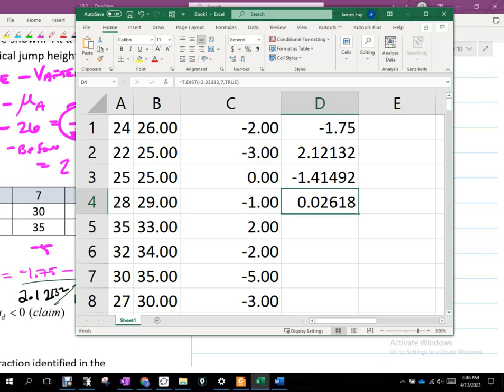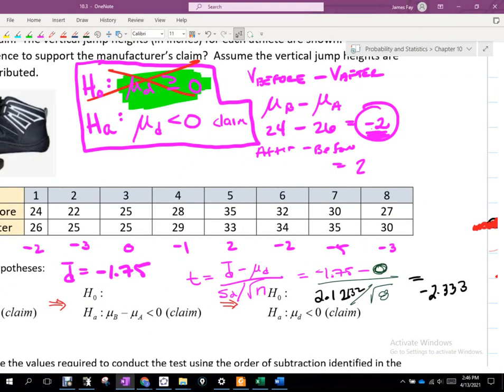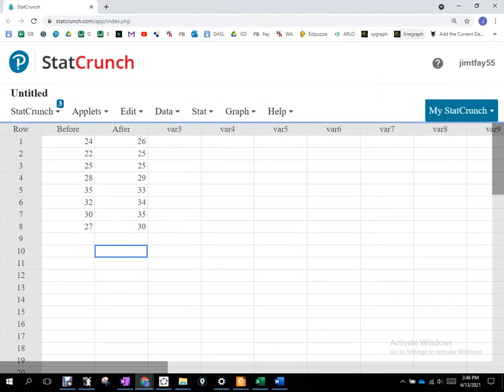Same argument. Okay, what I want to do with you right now is to show you and get you guys to use this as well, StatCrunch. So we opened this up yesterday, right? Okay, so if you go back to StatCrunch, the nice thing about StatCrunch and all your other statistical packages is that Excel is not built solely for statistics, right? There's a lot of different applications for Excel.